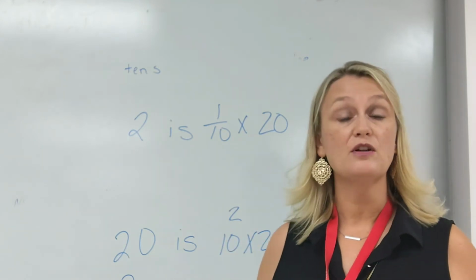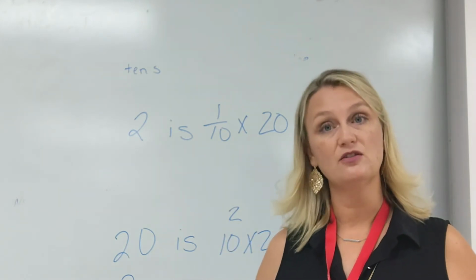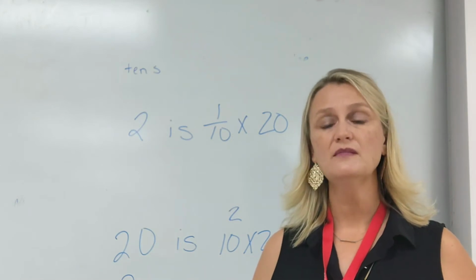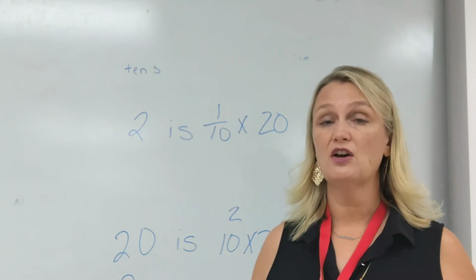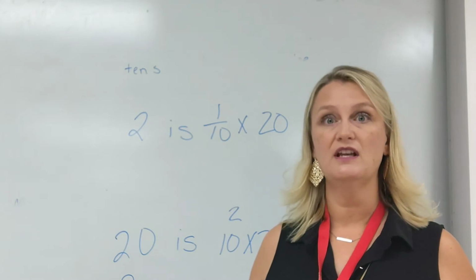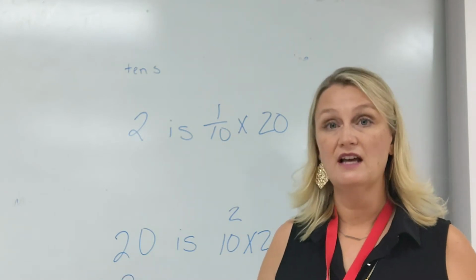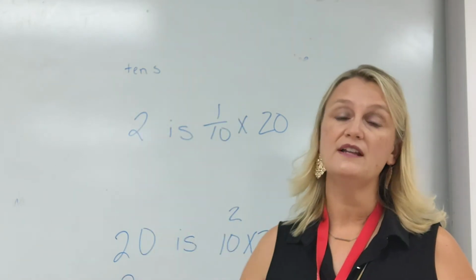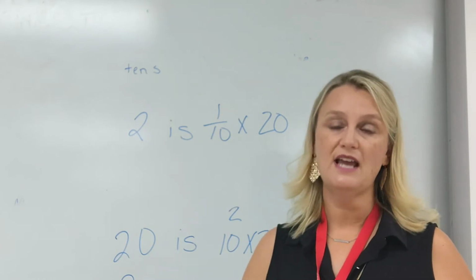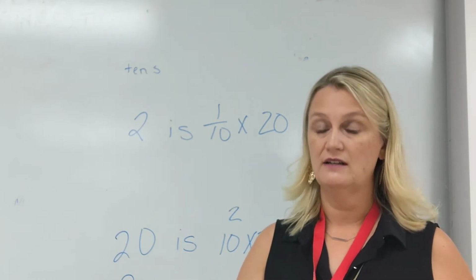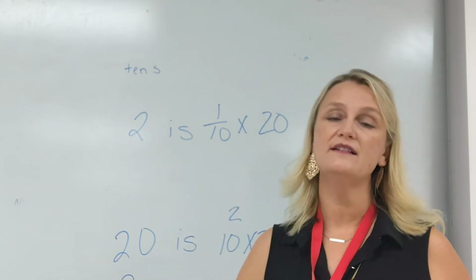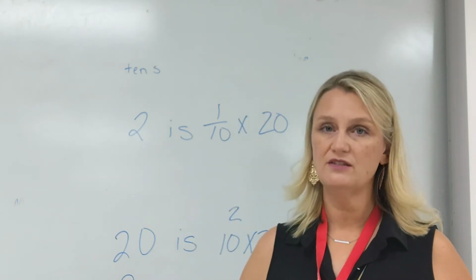We are just based on our number system is based on a base 10 system. So everything is based on 10. That's why when we count to 9, we have to carry a 1 to the next column to get to the 10s. When we get to 90, we have to carry a 1 to the next column to get to the hundreds.